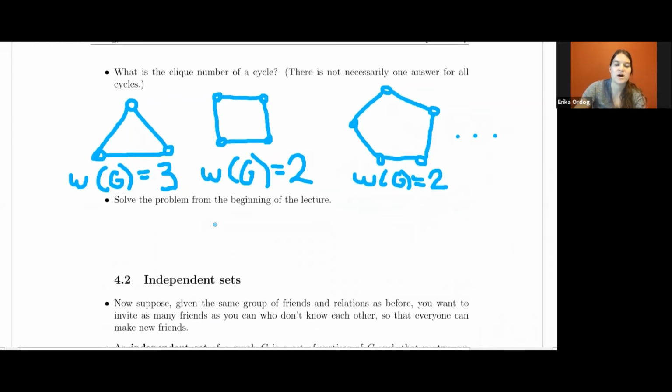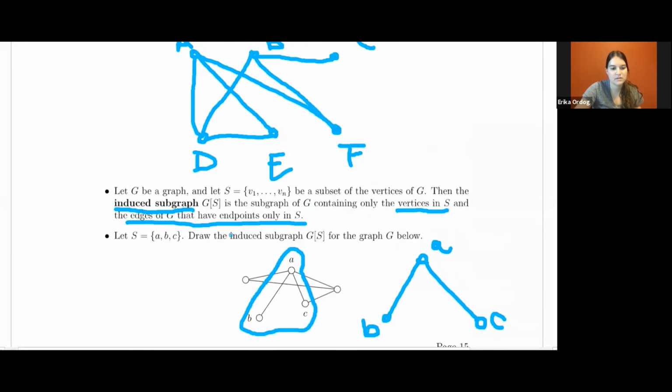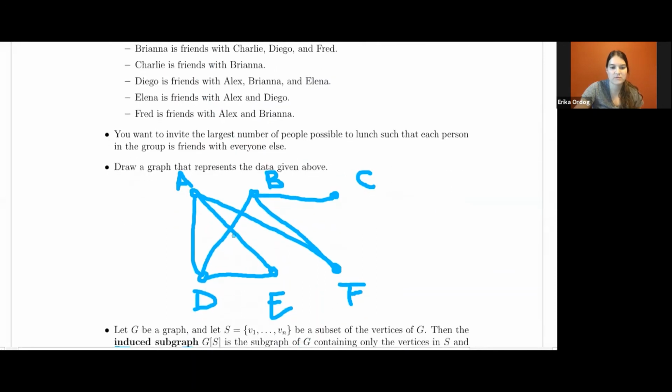So now let's solve our problem from the beginning of the lecture. Remember we wanted the largest number of people possible so that each person in the group is friends with everyone else. So we're looking for the clique number of this graph. And let's determine what that is.